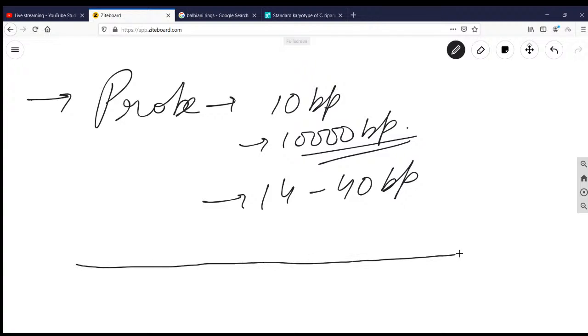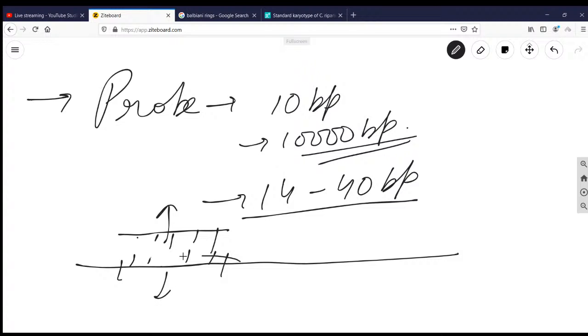Suppose you have this DNA and you want to know whether you have this specific region in it or not. I'll put a probe which must be complementary in sequence, 14 to 40 base pairs, and if it gets base paired and this region is fluorescently labeled, and then I isolate and check the sequence, what does it mean?